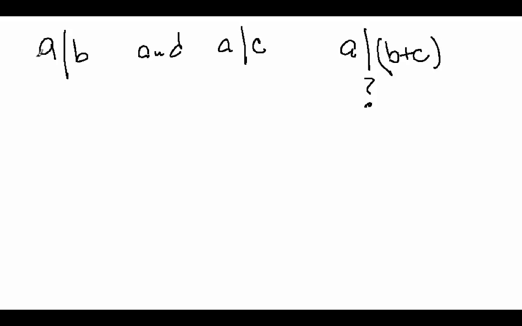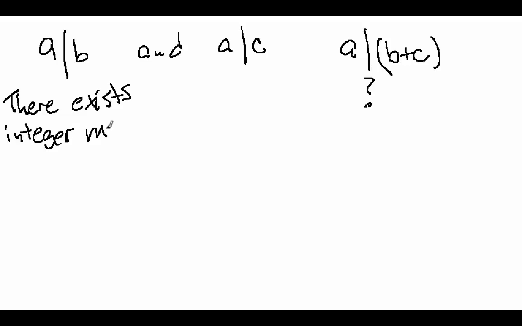Well, if a divides b, that means there exists integer m such that b is equal to a times m.